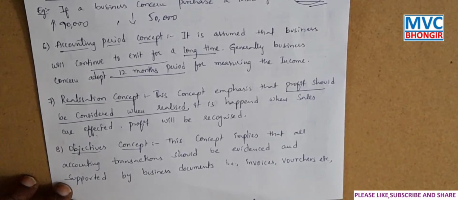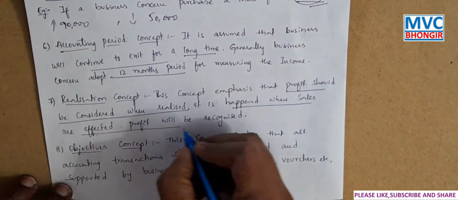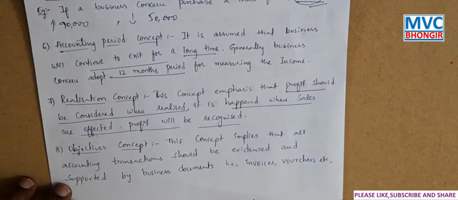The accounting, in conformity with the law, recognizes that the revenue is earned at the time goods or services are transferred. Simply, we can say that when the sales are effected, profit will be recognized. Simple, here we can understand.